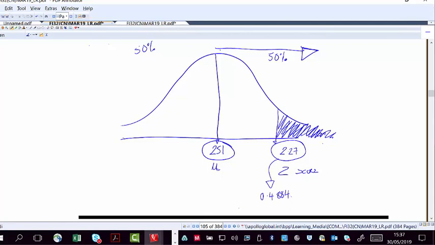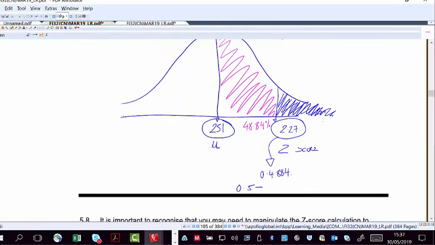So if we take our 50%, 0.5, the 0.4884, if we change our colour, represents what I'm now shading in pink. In other words, 48.84% would sit within the shaded area. We want what sits outside that shaded area.